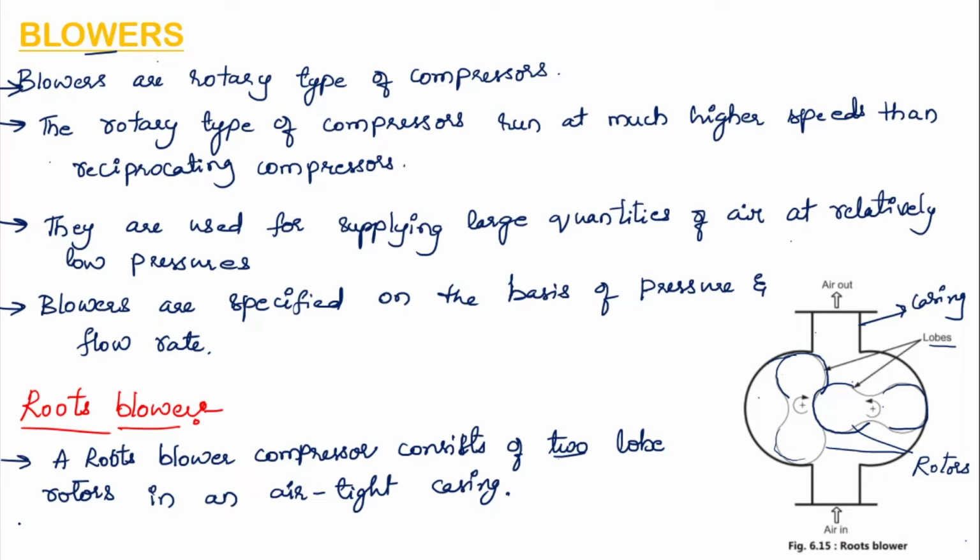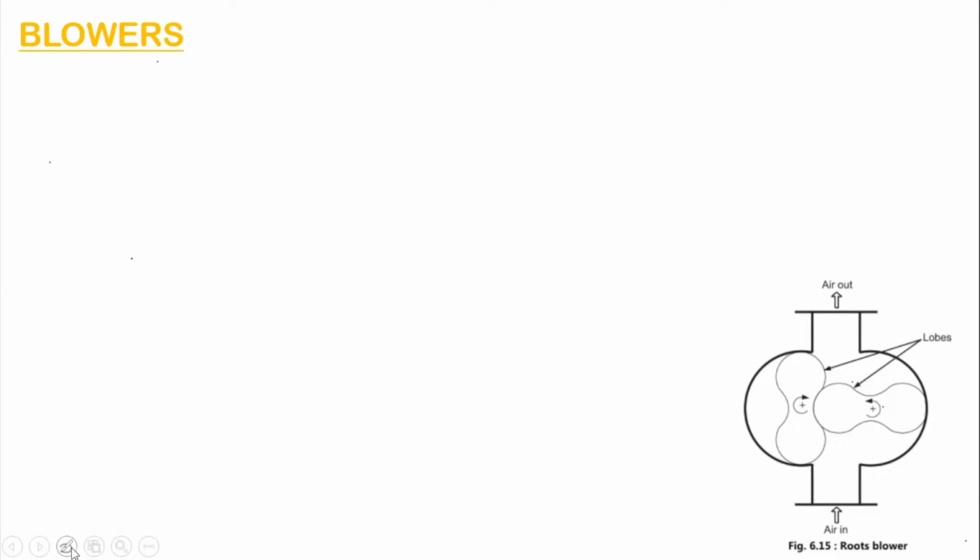If you want higher pressure, then 3 or 4 lobe versions are used. The lobes of this rotor are of involute, epicycloid or hypocycloid profile to ensure correct meeting.